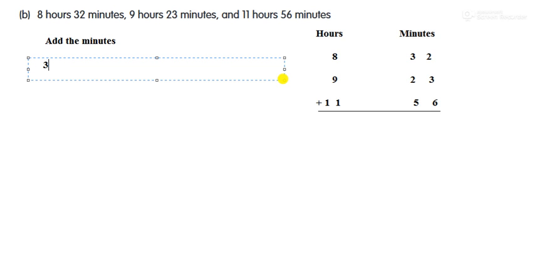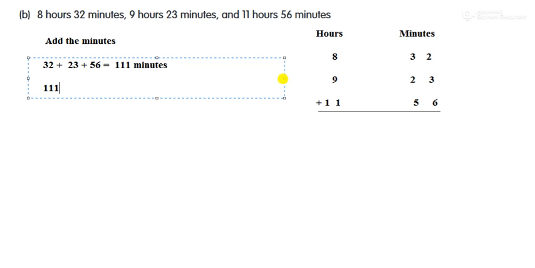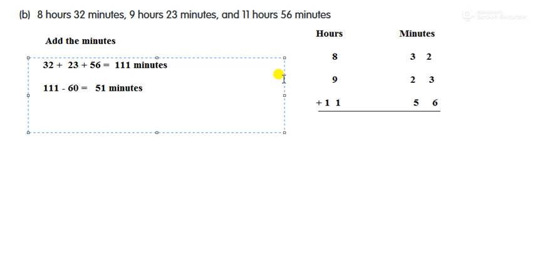Here 32 minutes plus 23 minutes plus 56 minutes equals 111 minutes. So 111 minus 60 equals 51 minutes. So here 1 hour 51 minutes.